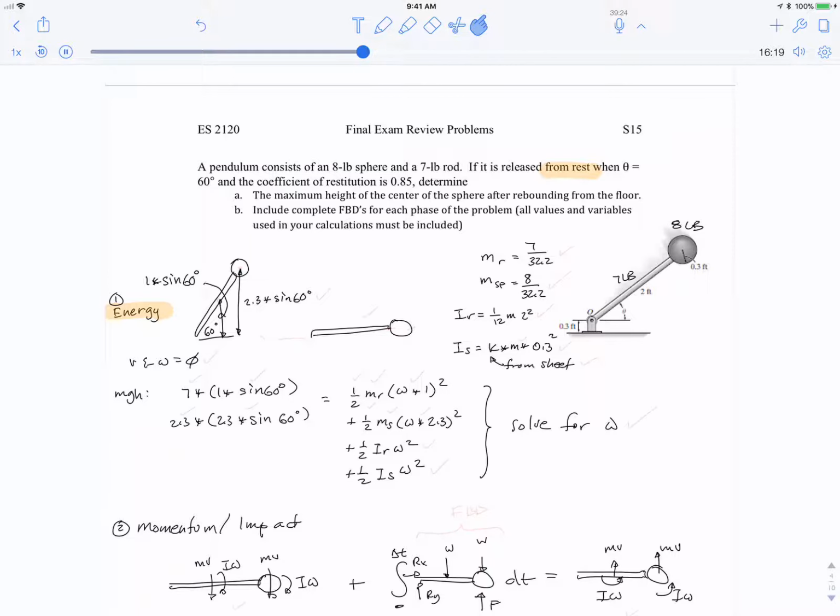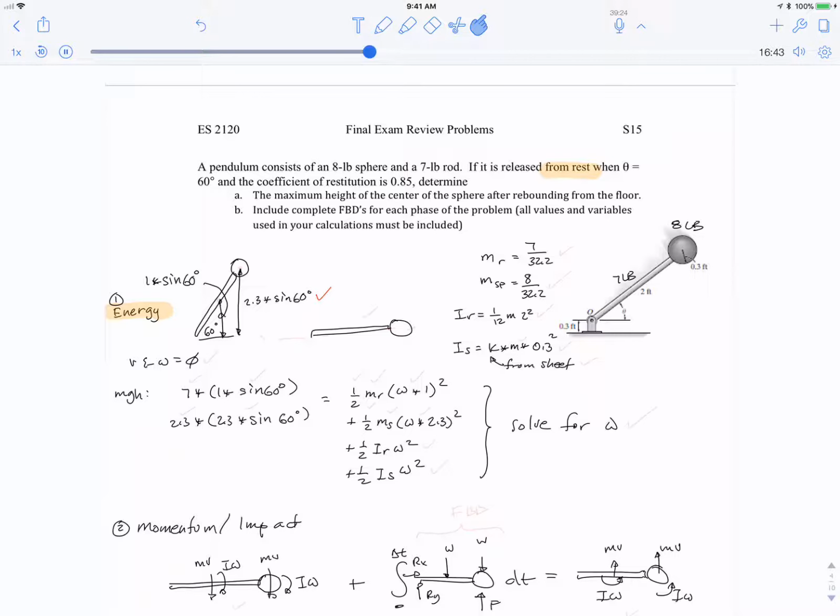So it starts off at 60 degrees, and the distance from O to the center of the sphere, I think there it is 2.3 feet. And so if it's at 60 degrees, the vertical elevation is 2.3 times sine of 60 degrees.